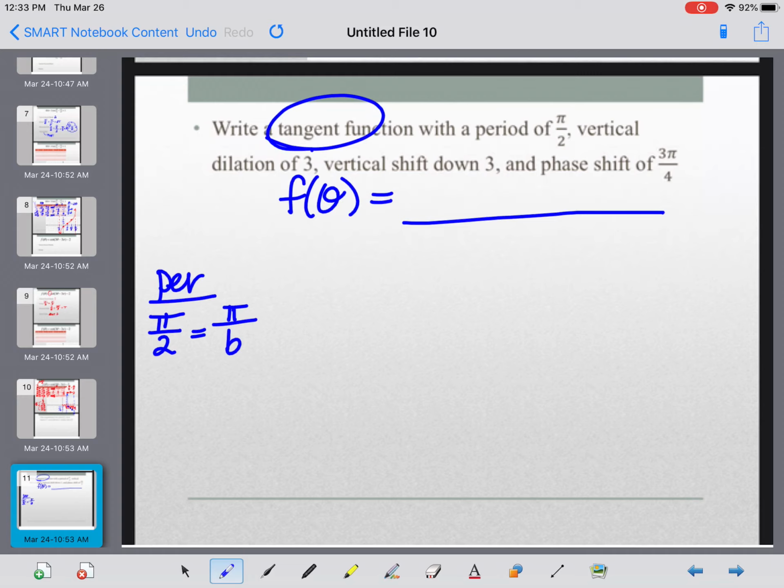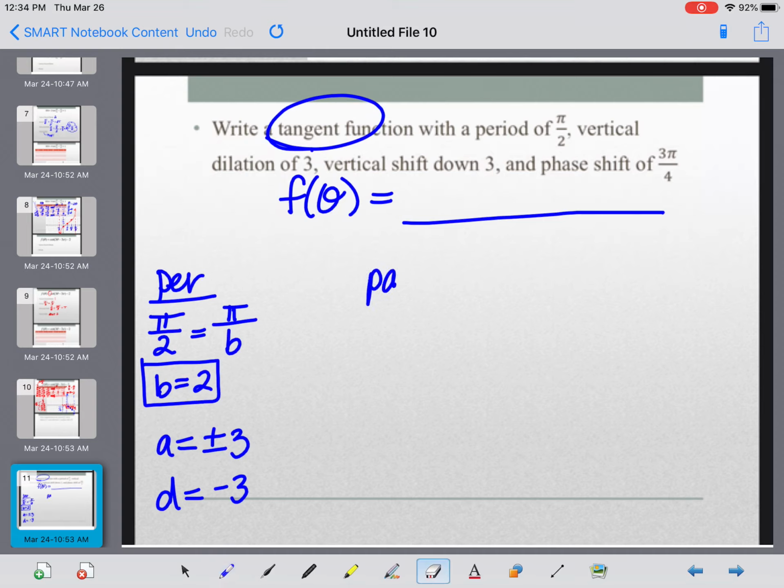Well, very easy for me to tell. I could solve this if I wanted to, but b has to be 2. Vertical dilation of 3. That's your a value. Vertical shift is down 3, making it a negative.